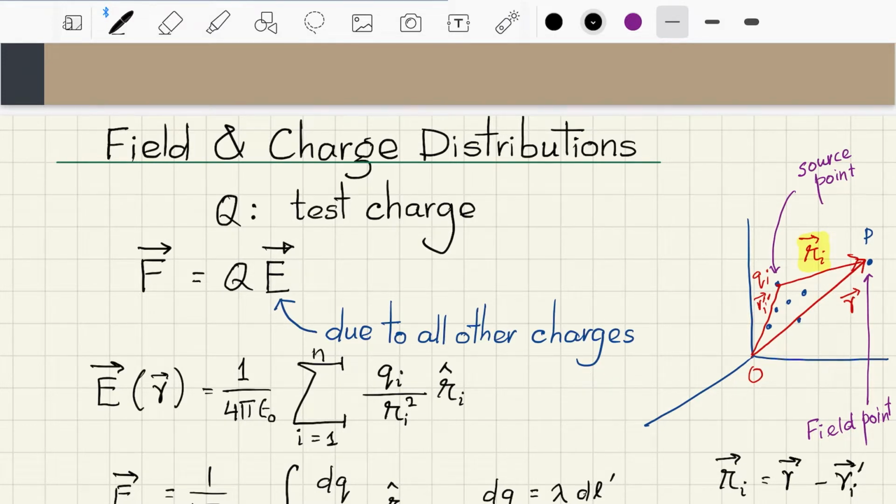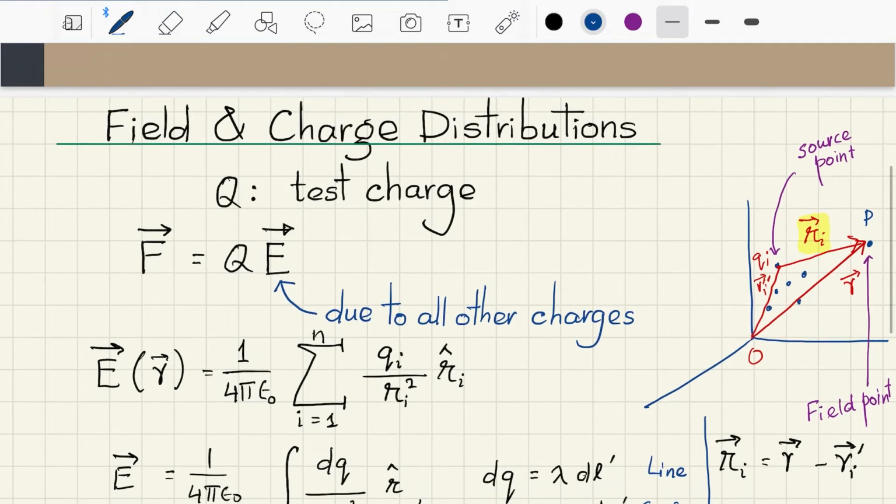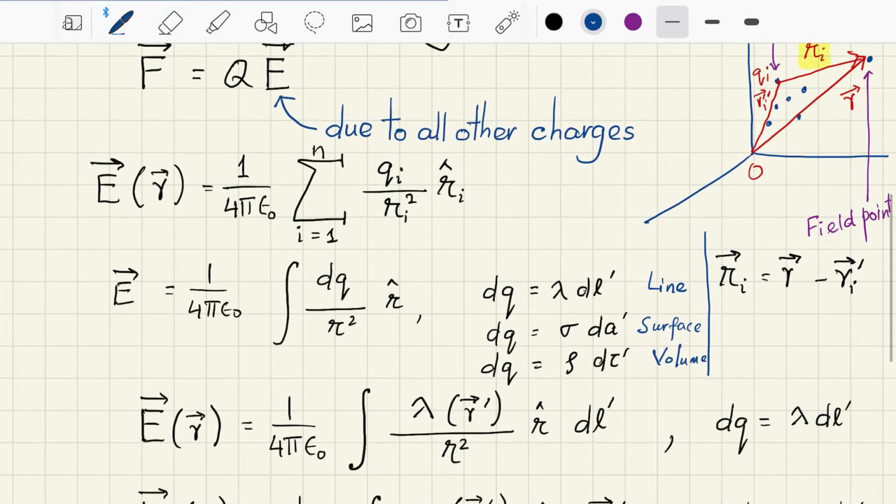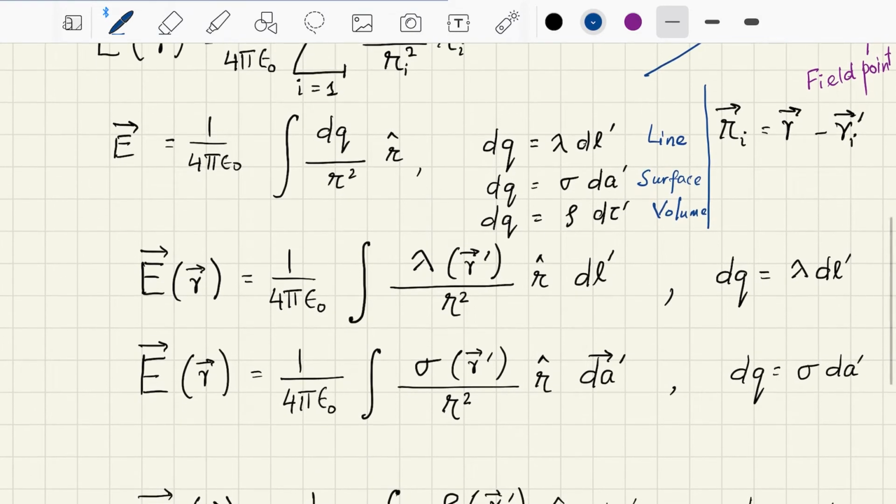So this is line charge, this is surface charge, and this is volume charge. So that's just a simple extension. In that case, I can now write down the full expression for each of them, the E.